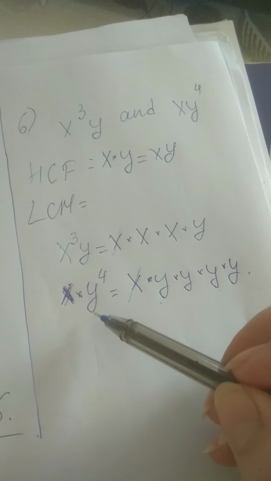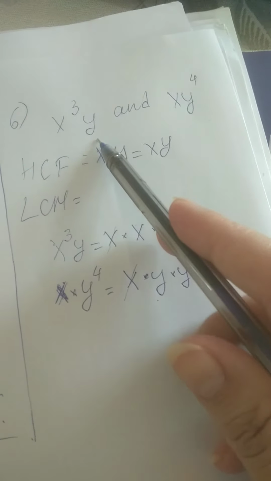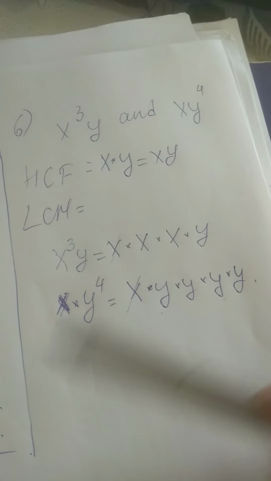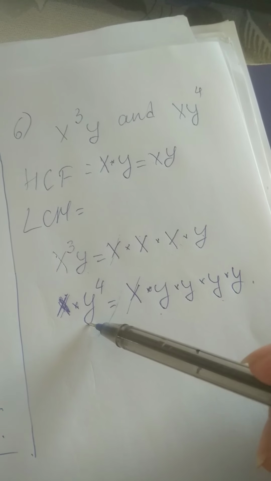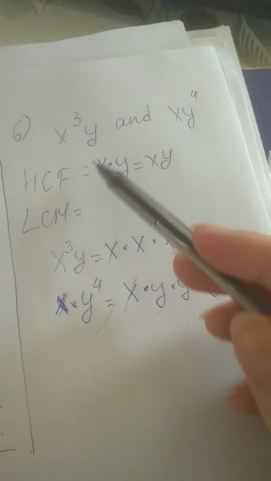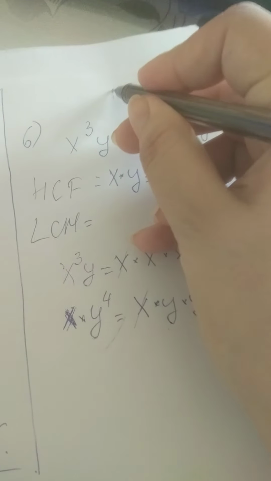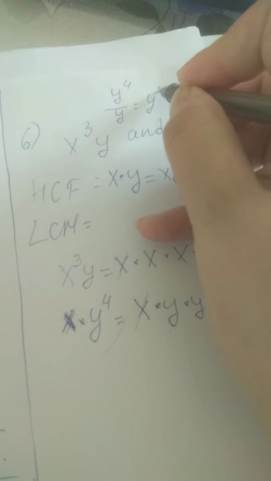Look at here. You can't take y, because y can divide by y, but can't divide by y power 4. That's why we should choose y power 4, because y power 4 can divide by y, which one is y power 3, like that. Y power 4 divided by y, which one is y power 3.